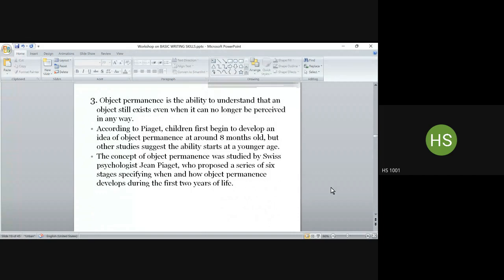Object permanence is the ability to understand. That's your topic sentence. You have just two of them there. You just need to choose between these two, which would be more suitable.